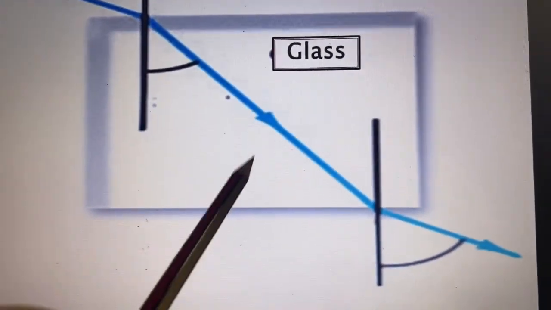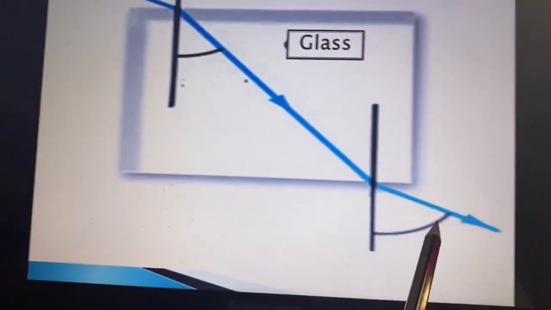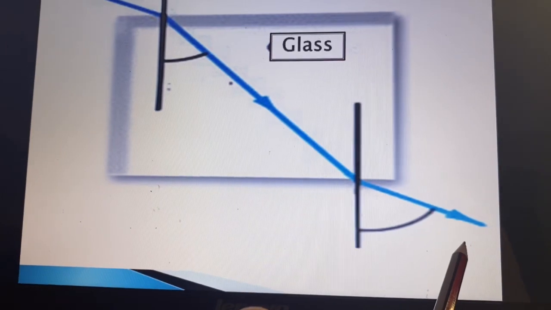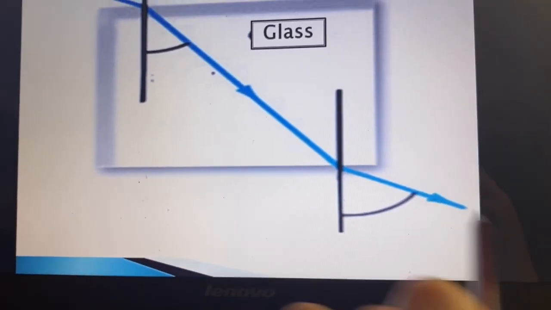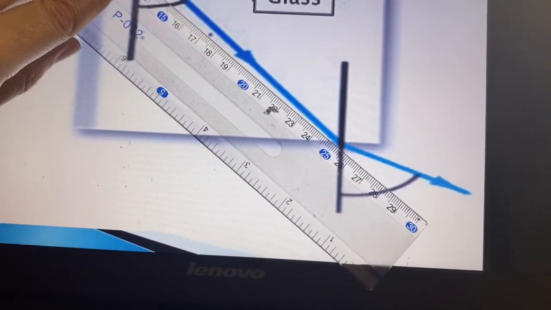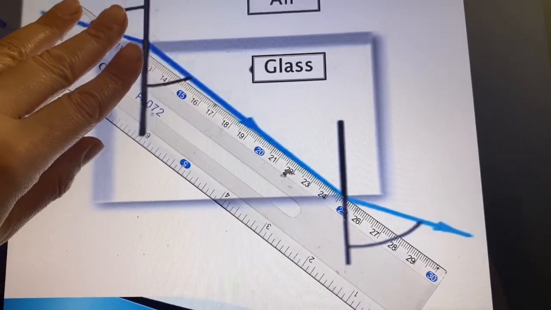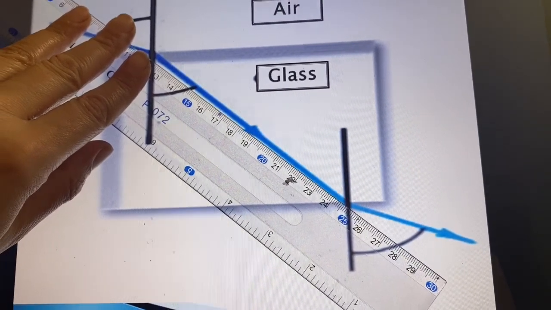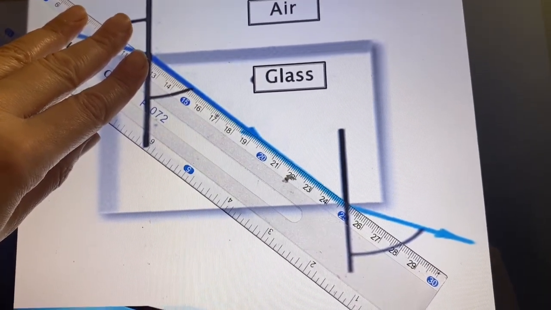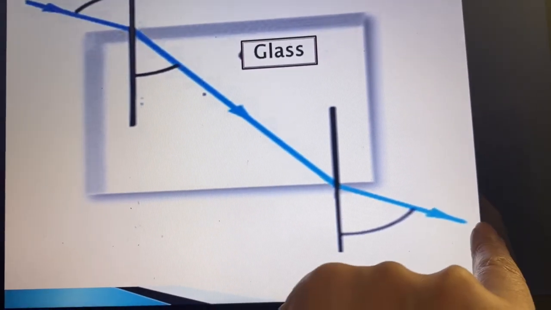The other way around, when the light moves from glass, where particles are very close, to the air, where the particles are very far from each other, the light will go faster. So it will go away. It can move freely. Look at the blue line, how it moves away from the normal. This is the second case, from glass to air, the light goes away from the normal.